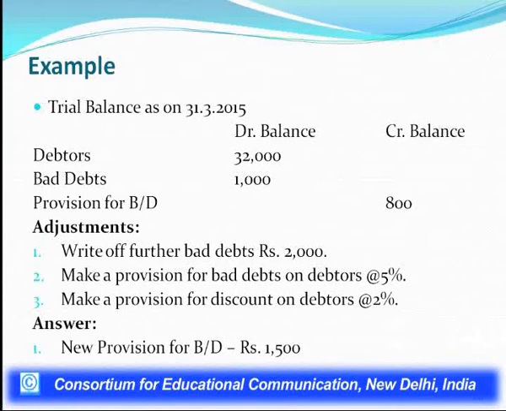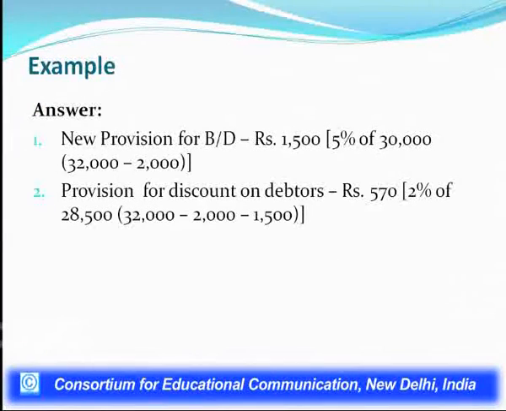So, how much is the new provision? New provision for bad debts will be rupees 1,500, that is 5% of 30,000. From where we got 30,000? That is debtors 32,000 minus further bad debts 2,000. So the provision for bad debts shall be calculated on the net debtors.